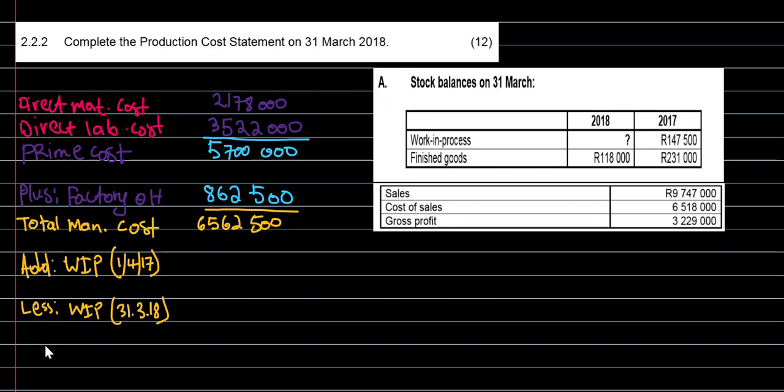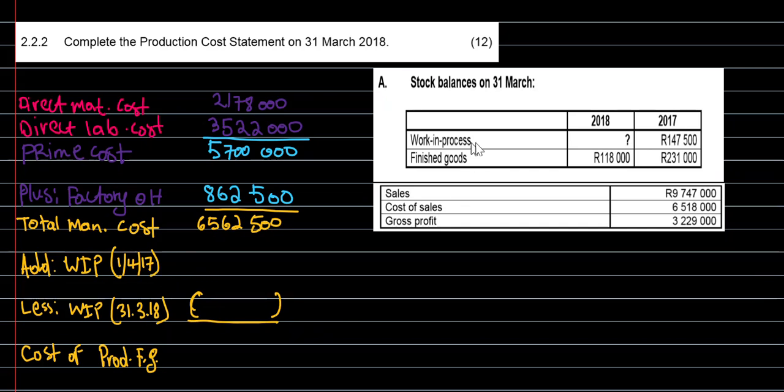And now we're going to have the cost of production of finished goods. That's the solution now. Remember, we just minus this, put this one in brackets, then we are short of that one now.